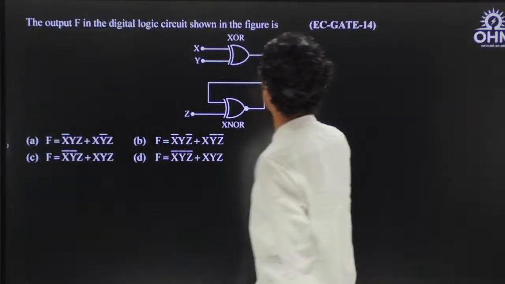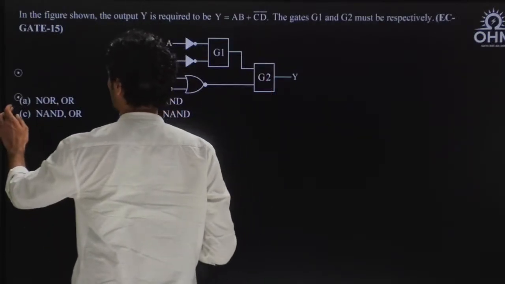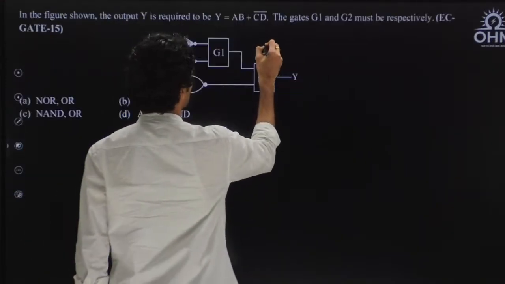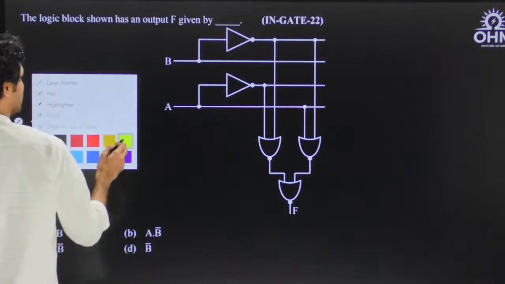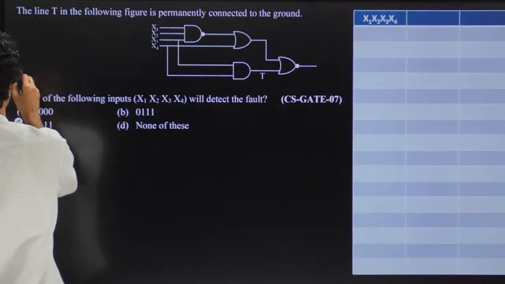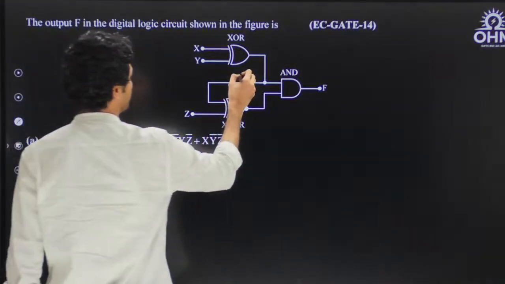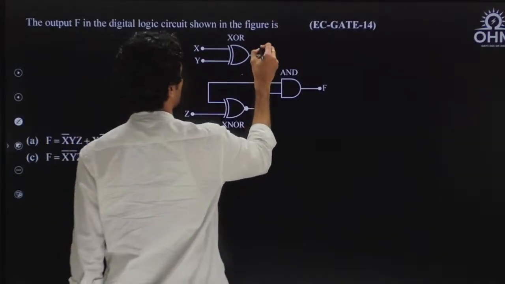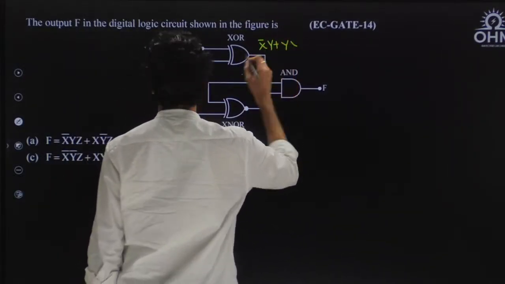So here, this is nothing but x, y bar. Yeah, this is basically, so here basically we have x bar y plus x y bar.